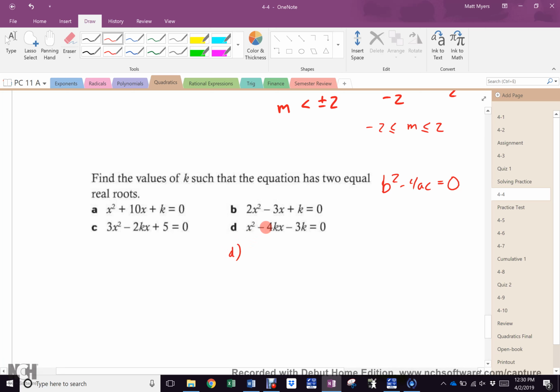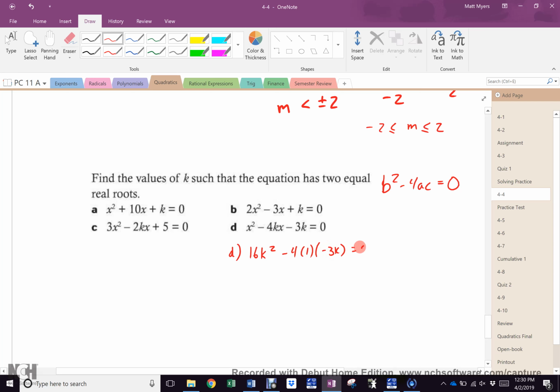What's B squared? 16k squared minus 4 times 1 times what? It's tricky, right? What have I got to put there? Negative 3k, right?